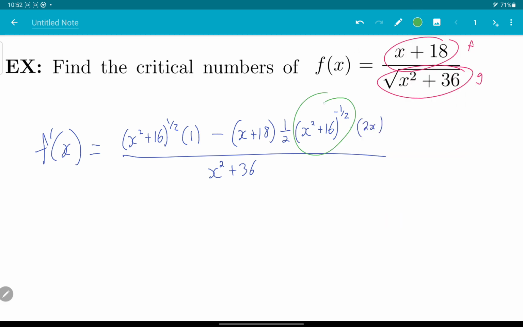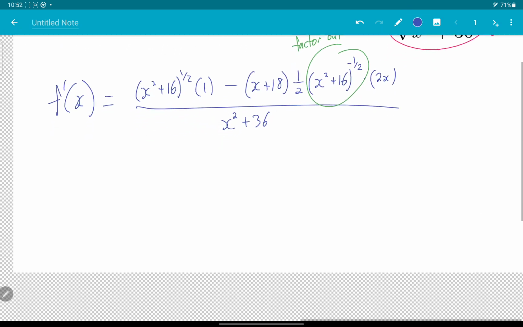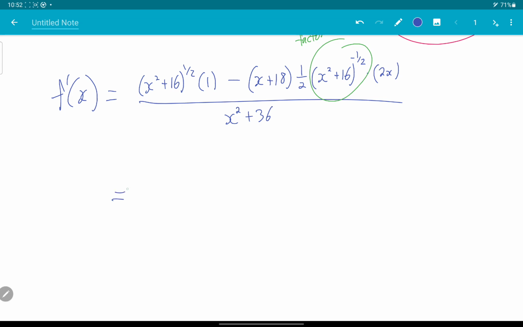I'm going to factor the smaller power of x squared plus 16. And what do I get? So that smaller power comes out.